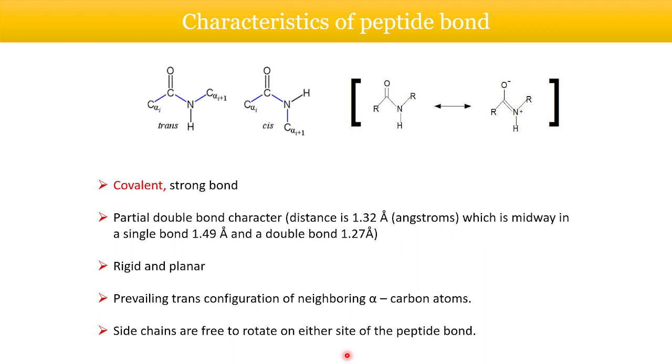The backbone atoms are the alpha carbon, the carboxyl carbon, the amino nitrogen, and the next alpha carbon. So the alpha carbon, the nitrogen, and the carboxyl carbon form the backbone of your peptide chain.